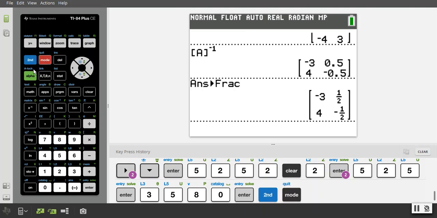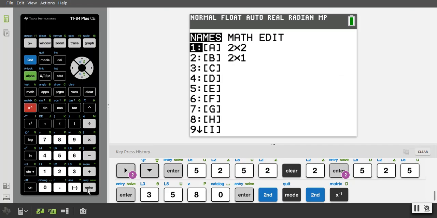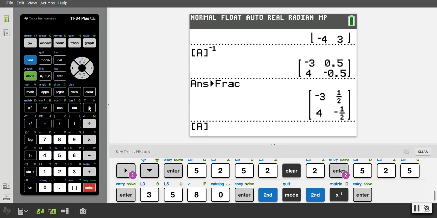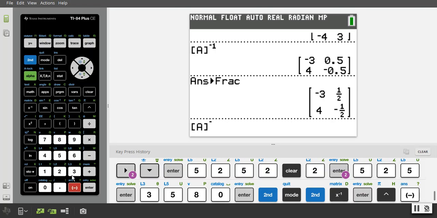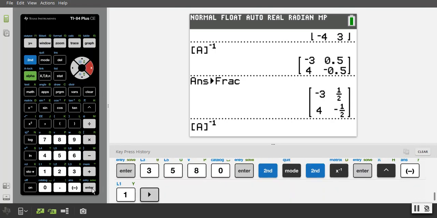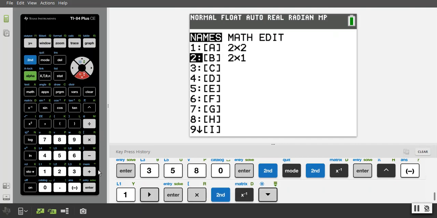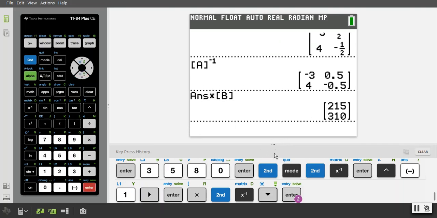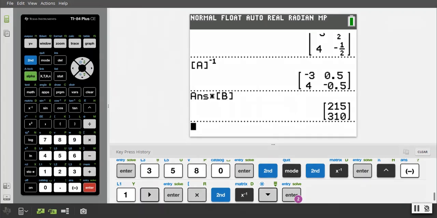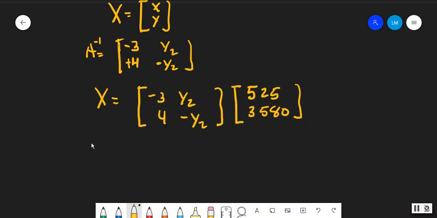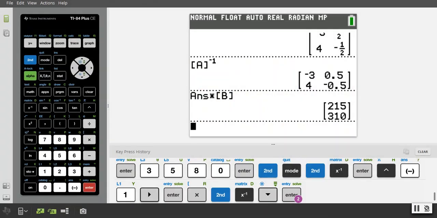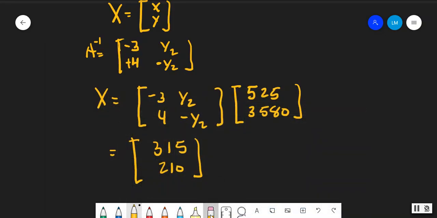Okay, so that means that we can actually just do this all in one. While I do know that A inverse is the following matrix that we wrote down, I can still compute it, multiply it by the matrix that I saved, and it's still going to give me the solution. So we have that the answer is 215 and 310. Yikes, I accidentally switched those.